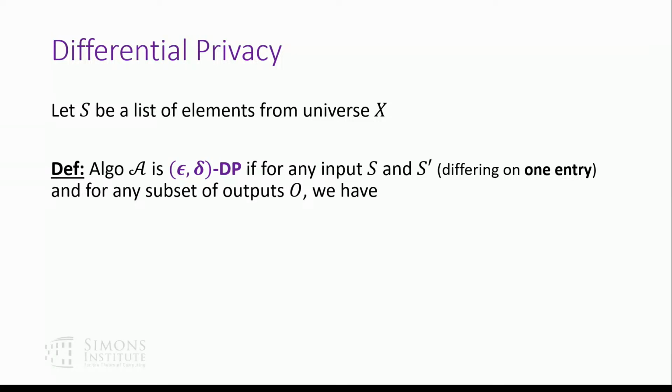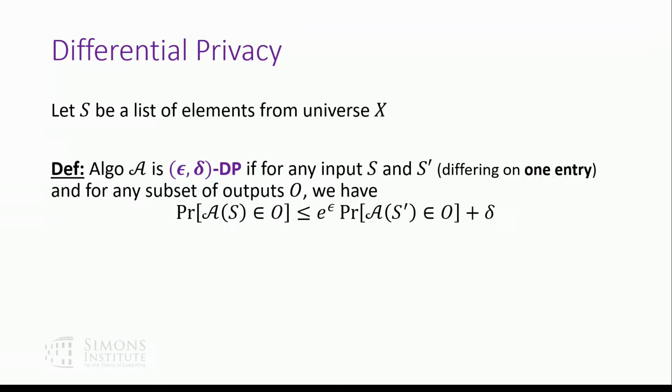So given two inputs S and S prime differing on one entry, if you look at any subset O of possible outputs, then you want the probability that A, given input S, answers something in the set O to be basically the same as the probability when you change the input from S to S prime. So we have a multiplicative factor and an additive factor here.